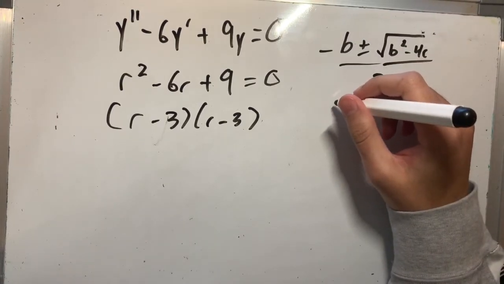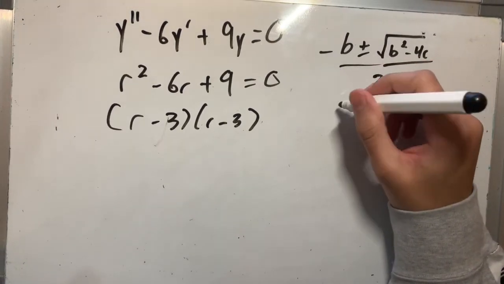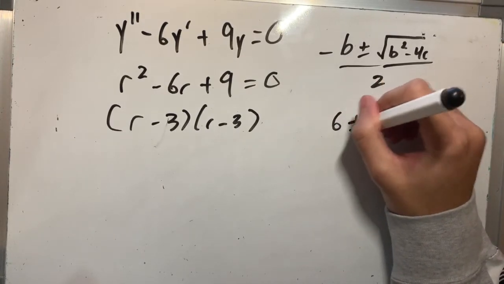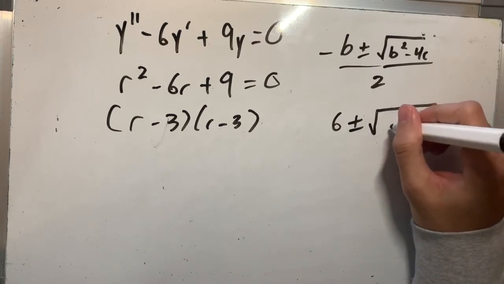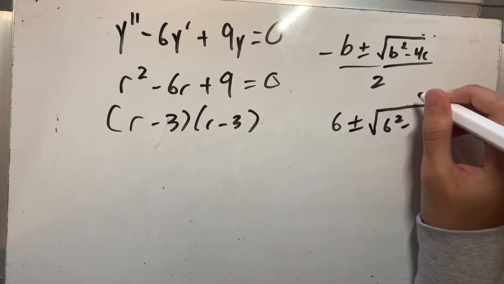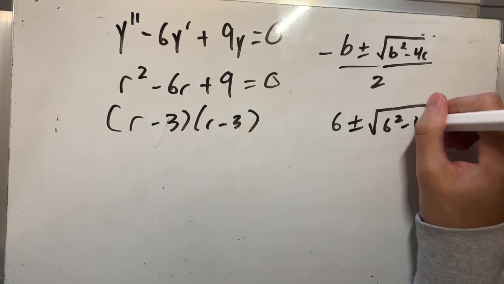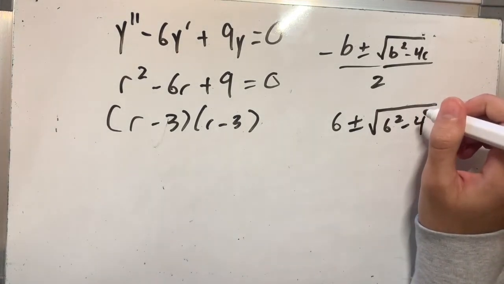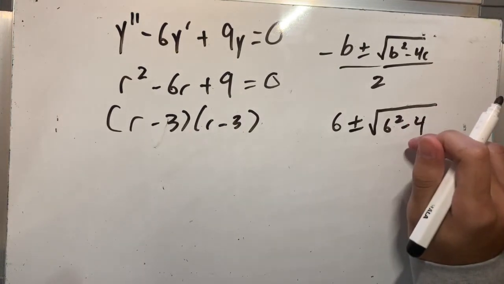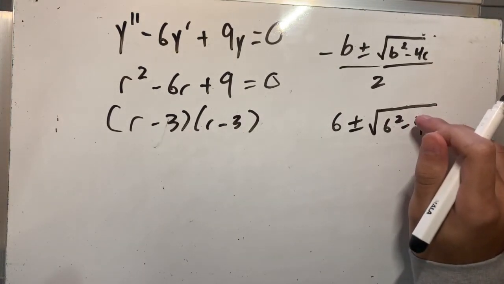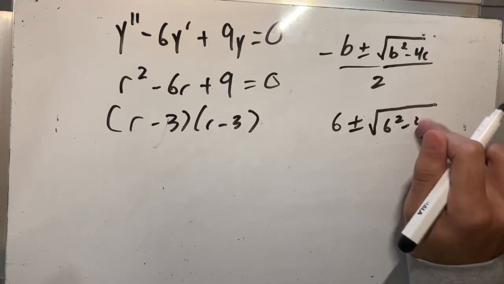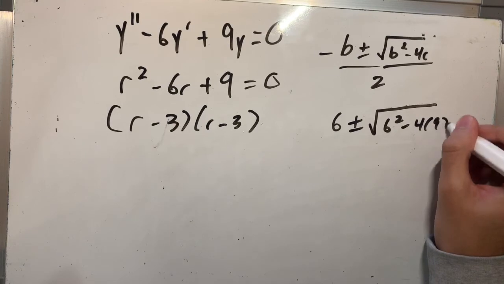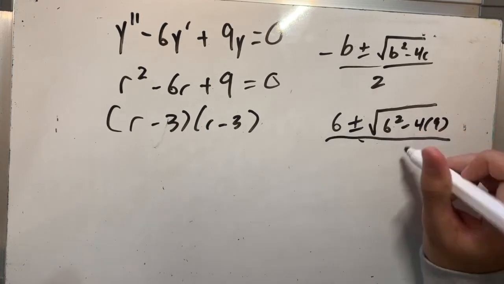It's good practice to just stick to these. So we got 6 plus or minus the square root of 6 squared minus 4 times 9, all over 2.